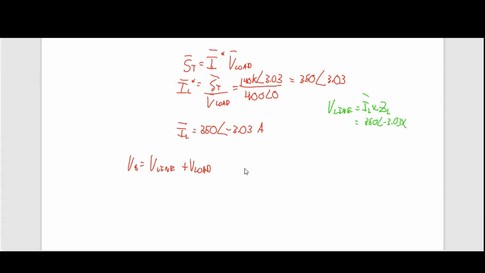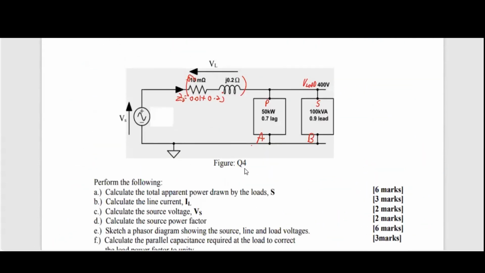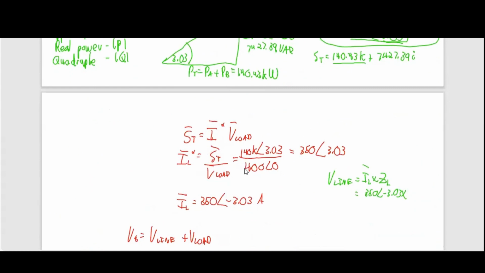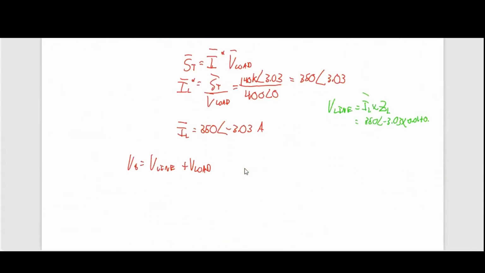So Z line is 0.01 plus 0.2j. Let me make sure, 0.2j. Yeah. All right, so let's plug that into the calculator.